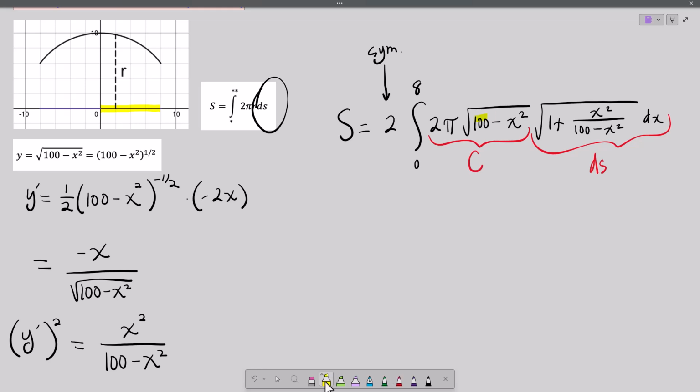And now the inside here has to get multiplied by the 1, and then it has to get multiplied by the fraction. So the 100 minus x squared, the inside of the left root gets merged with the inside of the right root. And that's going to give us 4 pi integral 0 to 8. 1 big square root. 100 minus x squared times 1 is 100 minus x squared.